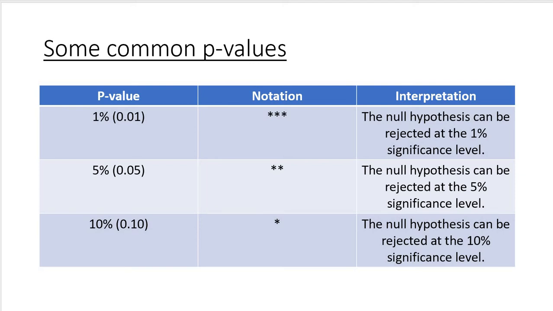And finally, if it is equal to 10% or smaller than 10%, then the null hypothesis can be rejected at the 10% significance level. I want to underline that, of course, everything significant at the 1% level is also significant at the 5% and 10% significance level, but I believe this is quite obvious. So basically, we are looking for the lowest level of significance.